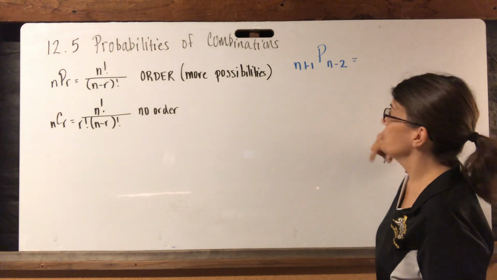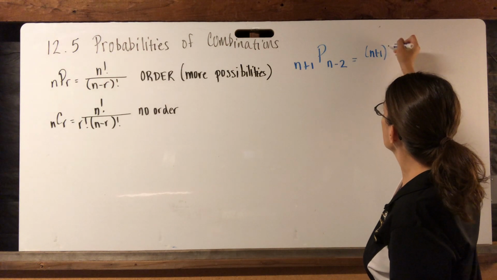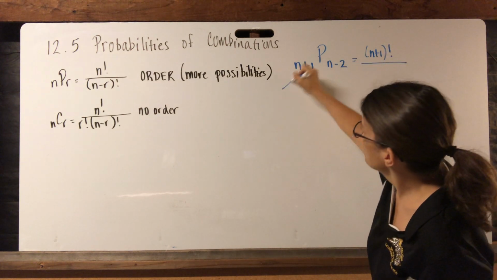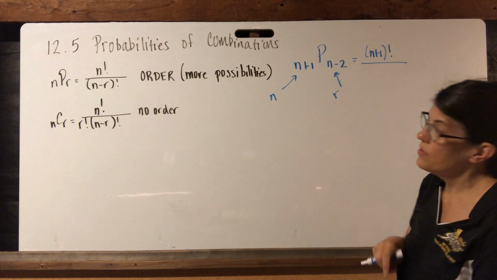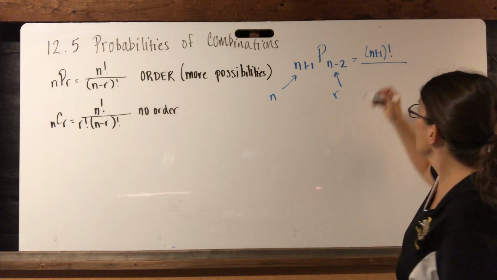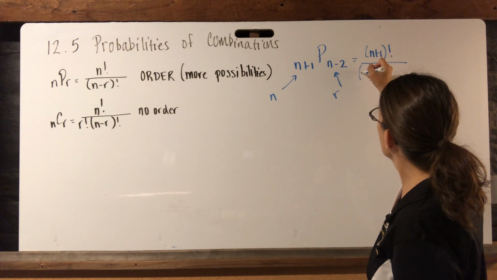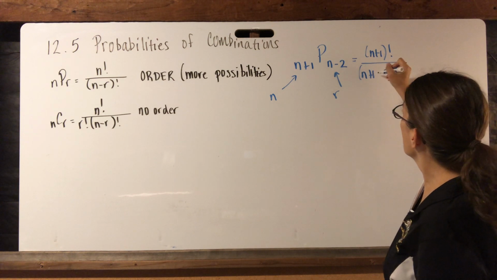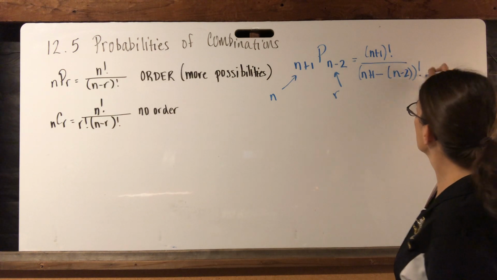So for a permutation, N, which in this case is N plus 1, N, R, parentheses, over N, which is N plus 1, minus R, which is N minus 2.